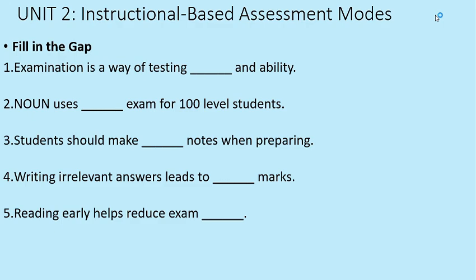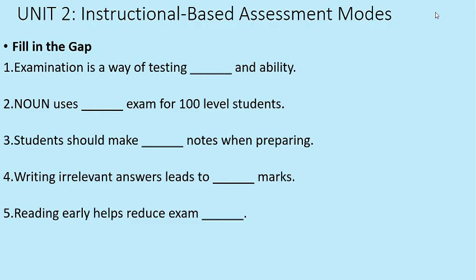So now uses electronic exam for 100 level students. CBT, yes, CBT. So number three, students should make dash notes when preparing. What kind of notes should students make when preparing? Yeah, summary notes. Thank you. So summary notes should be made when you are preparing.